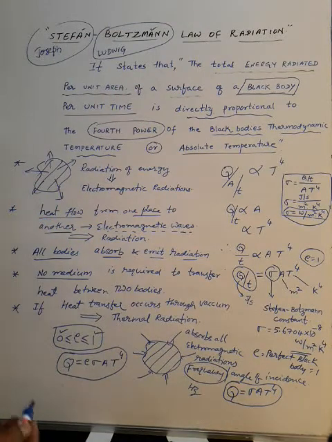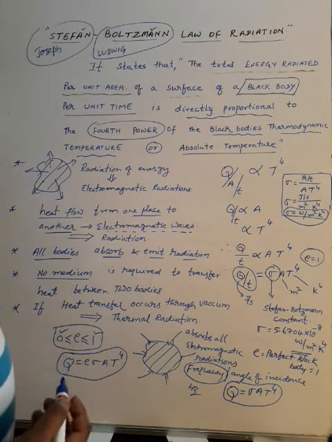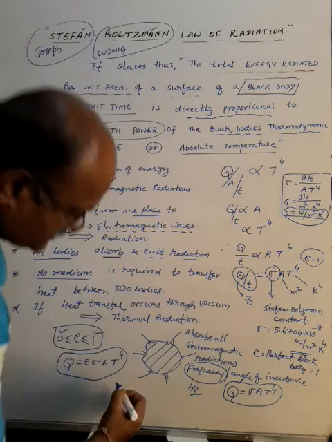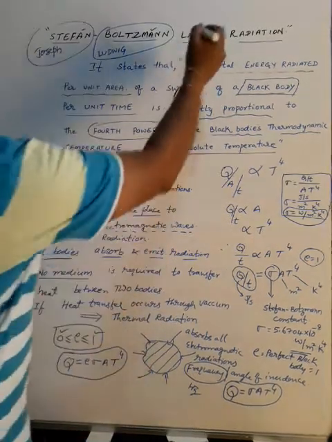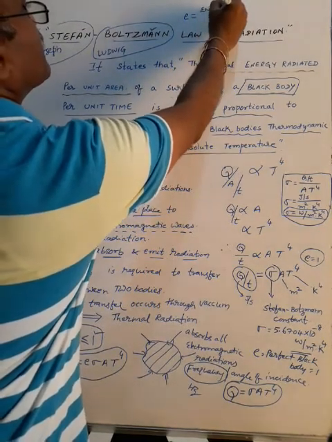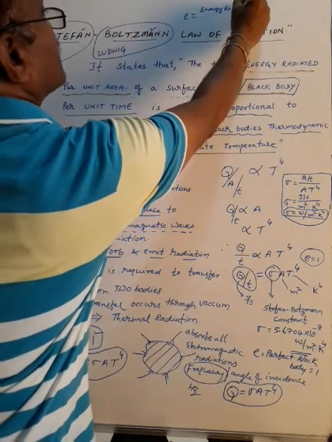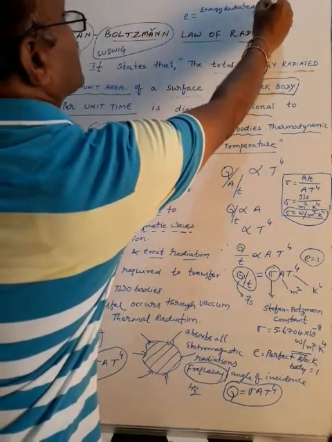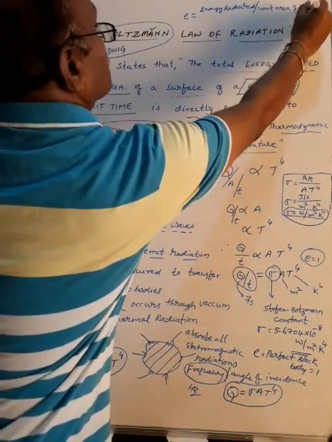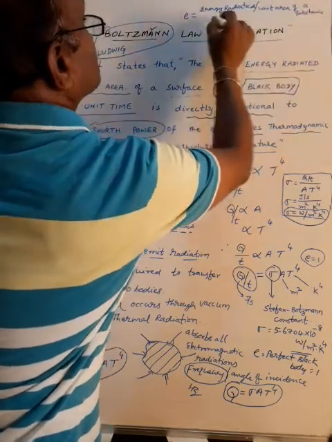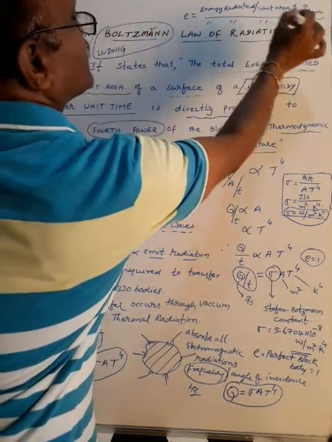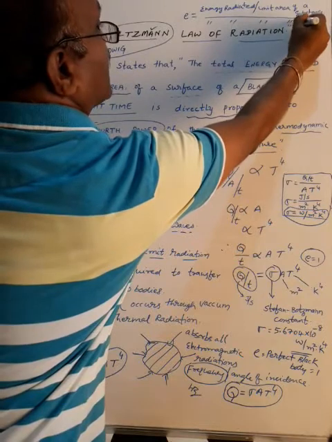What is emissivity? Emissivity is nothing but the energy that is radiated per unit area of a substance divided by the same energy radiated per unit area of a black body.